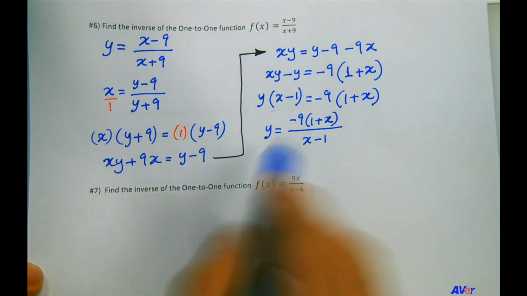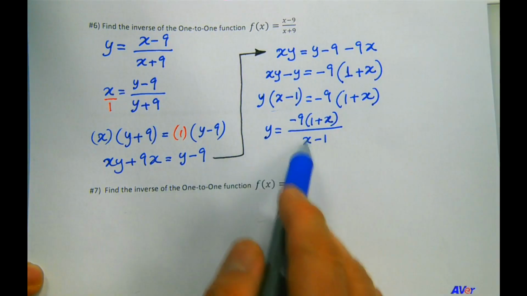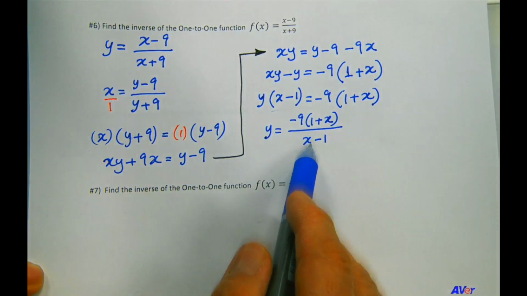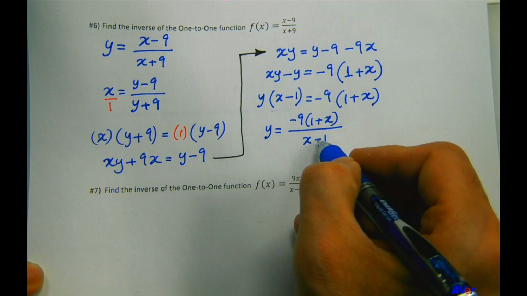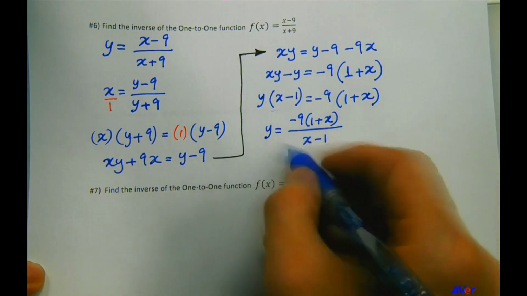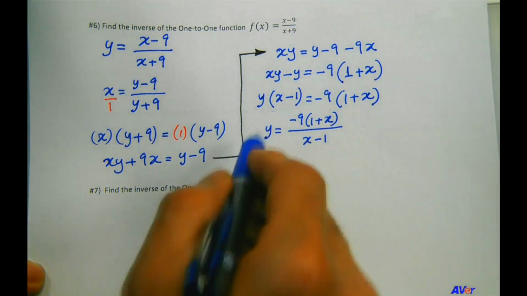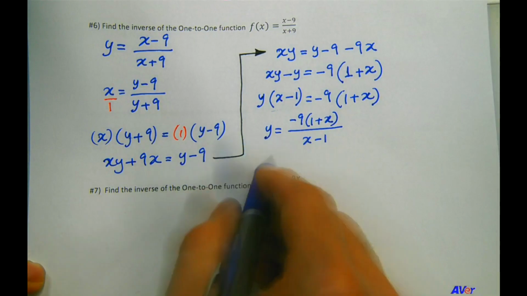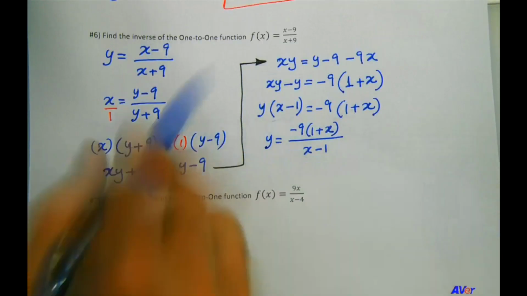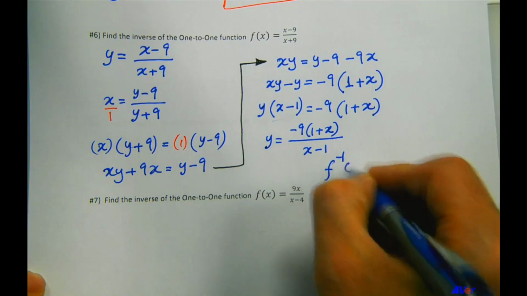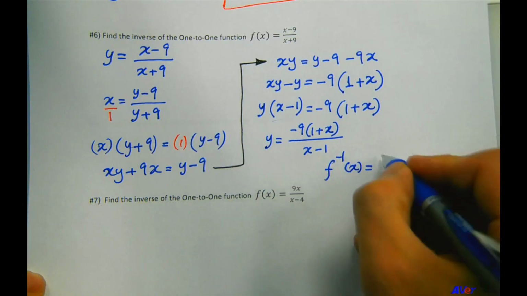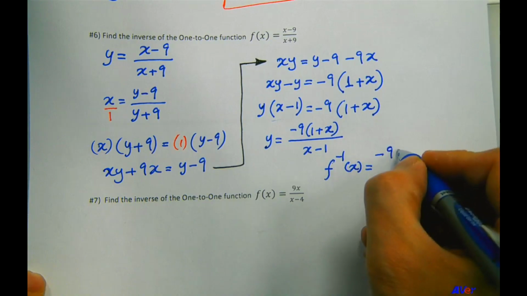And then at this point, is there anything we can do to simplify things? No, because this is 1 plus x, this is x minus 1. So all I have to do is replace that y with the inverse function notation. We started with f of x, so I'm going to replace it with f inverse of x. So minus 9 and so on.